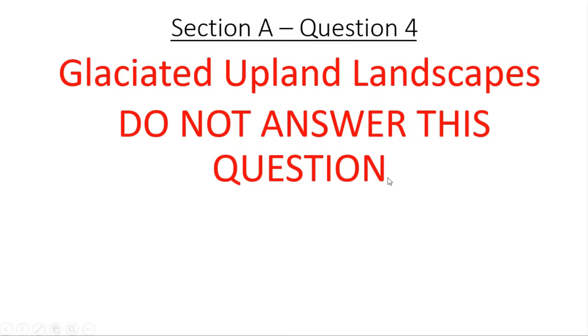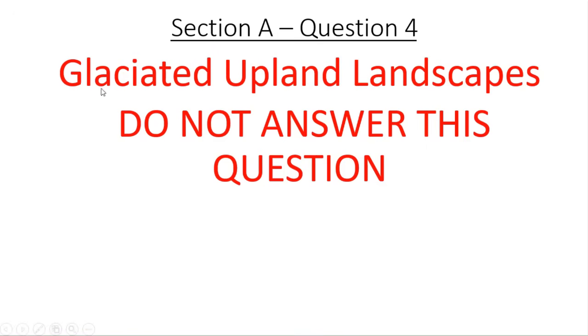The very final thing I will say just before I close this first topic off is there is a final section on here. It's question 4, glaciated upland landscapes. Do not answer this question. You do not get extra marks. You've not been taught any of the content specifically, so you are unlikely to get good marks, and the risk is the examiner will mark this, not one of your rivers or coast sections, and therefore you might end up losing marks at the end of it.